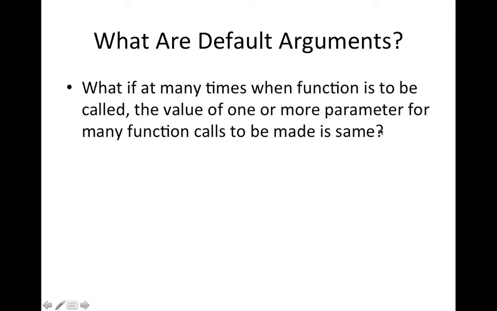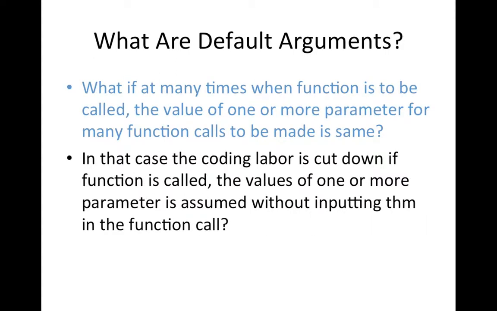Students who are freshmen in the first semester, their GPA will be 0, and there will be a lot of them. So in that case, coding labor is cut down if, when the function is called, the value of 1 or more parameters is assumed without inputting them in the function call.